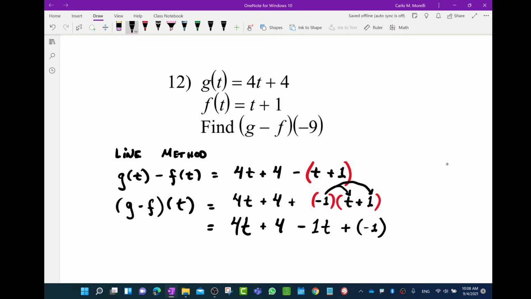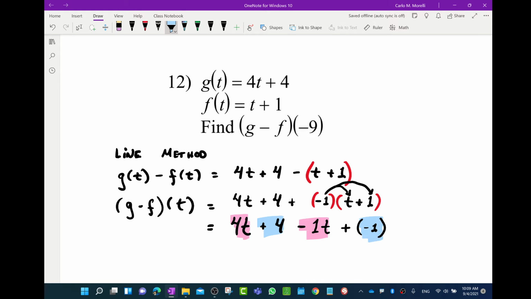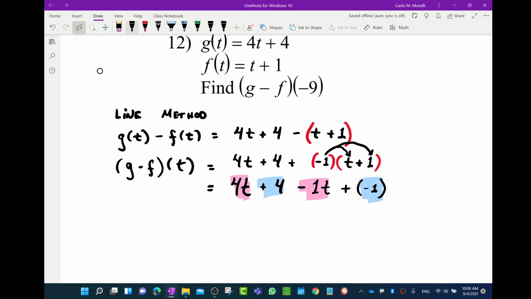There's a reason for it. So now you're going to combine like terms. So here are the linear terms that are like, and here are the constant terms that are like. Okay. So that was g minus f of t. Notice I still haven't messed with this -9 at all.